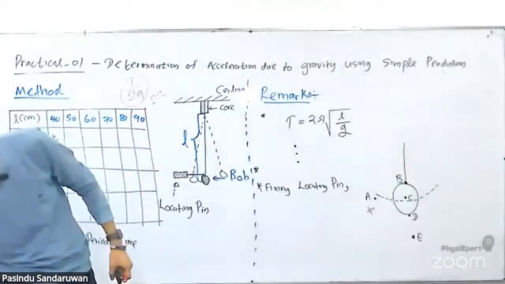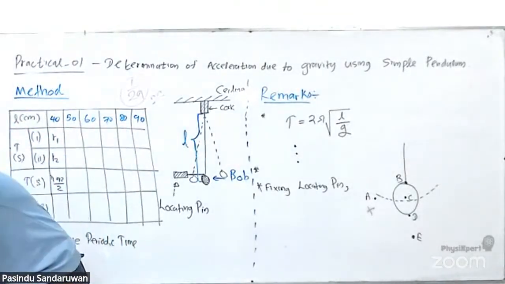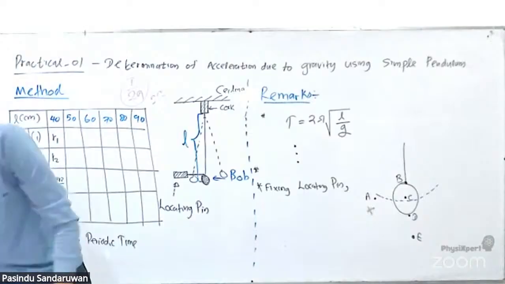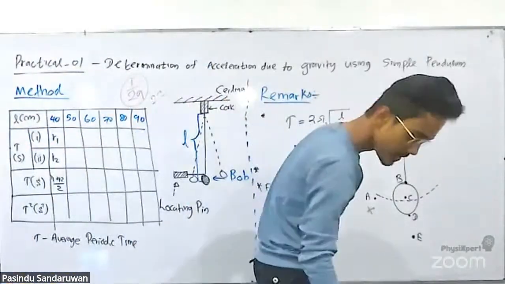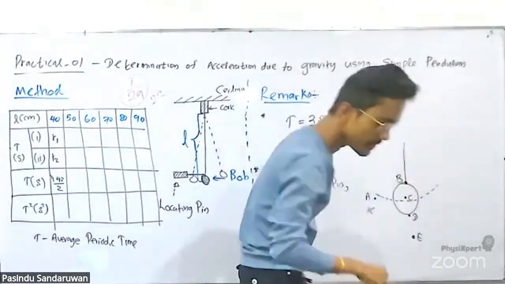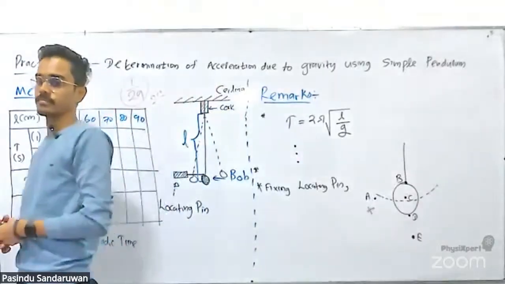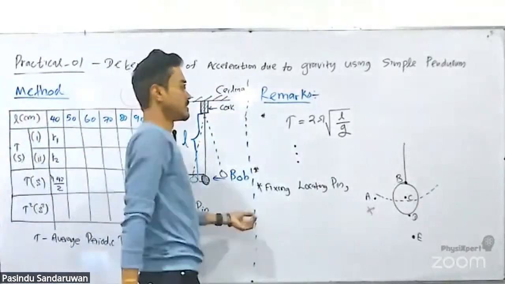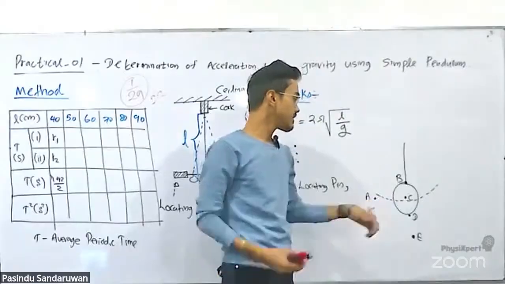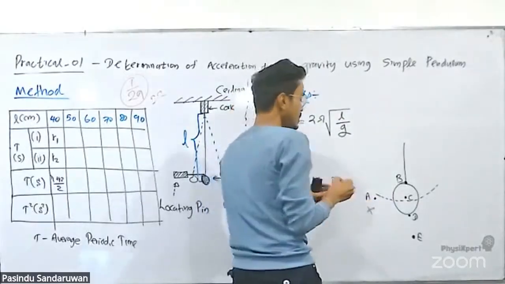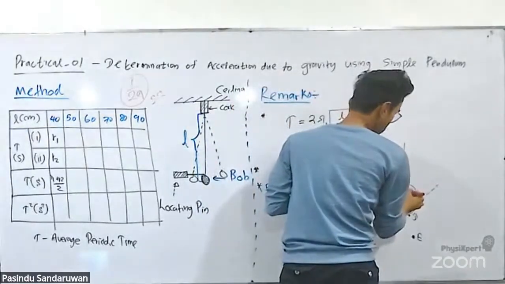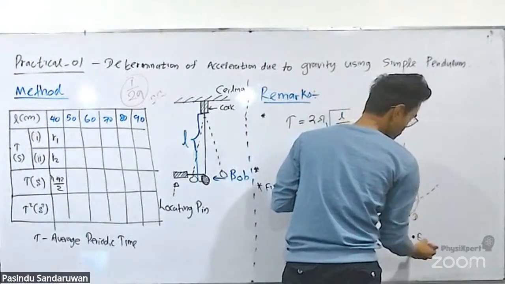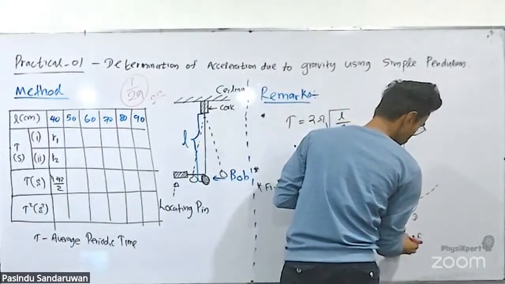Take it down. And label all points as A, B, C, D, E. And A is not workable, C is not workable, E is not workable.